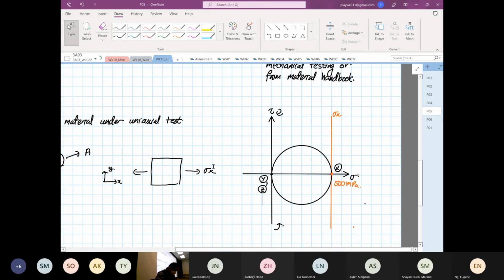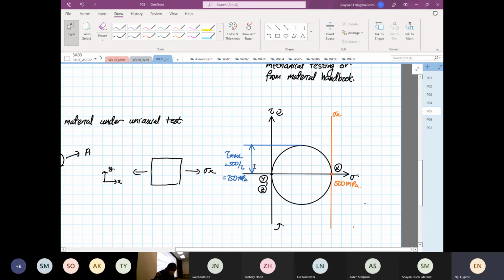Now I'm going to draw a line. This value over here is our tau max, and tau max will be equal to 500 divided by 2. Why 500?